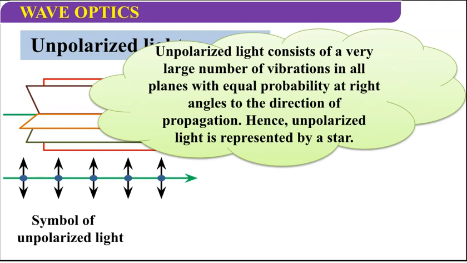Unpolarized light consists of a very large number of vibrations in all planes with equal probability at right angle to the direction of propagation. Hence, unpolarized light is represented by a star. What does that star represent? It represents the different directions.